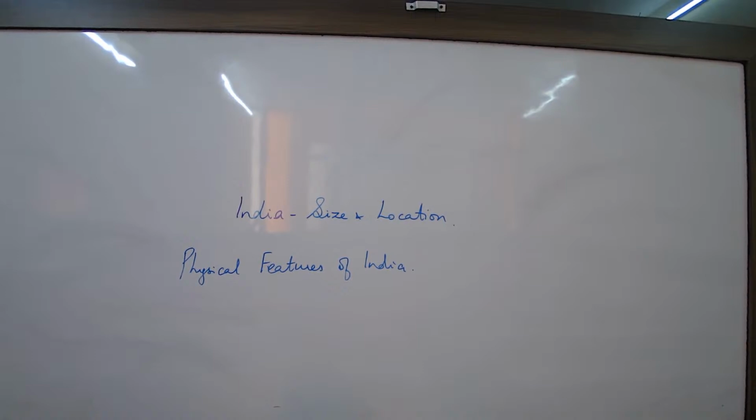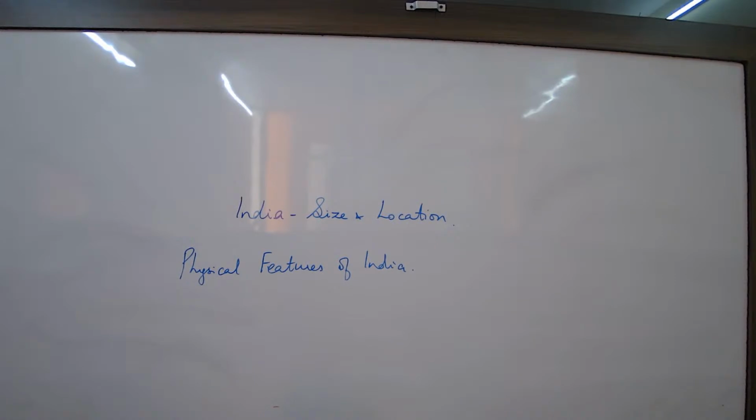This section of the plain is dominated by doabs. What are doabs? Do means two, and ab means water. Land between two rivers. Like here you can see there is one river here, one river here, and in the middle there is land.